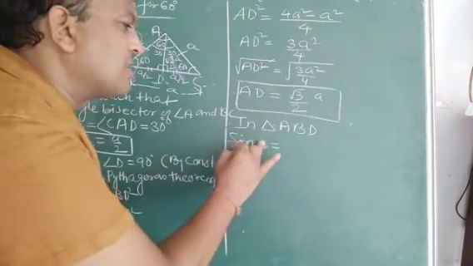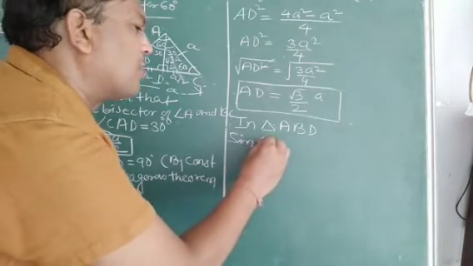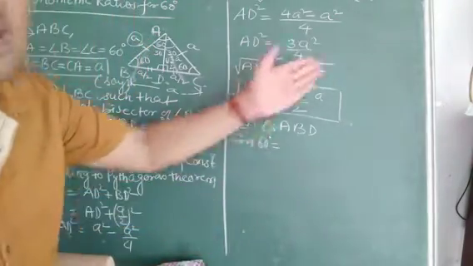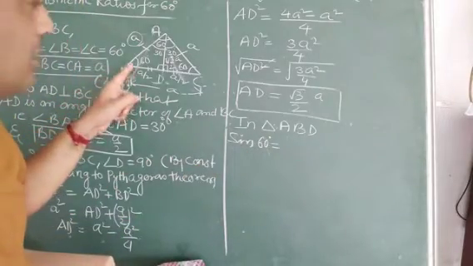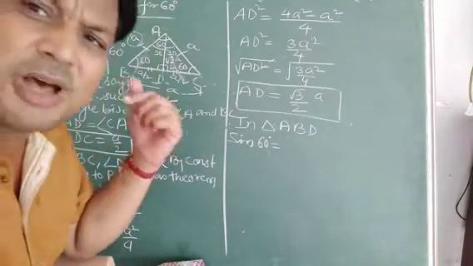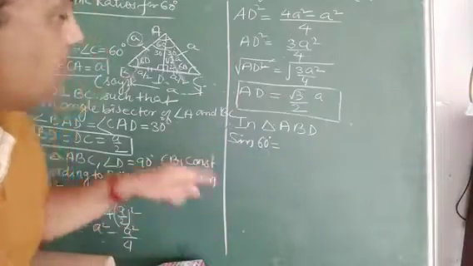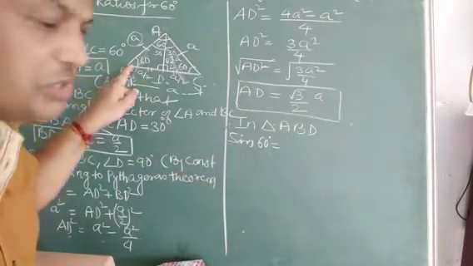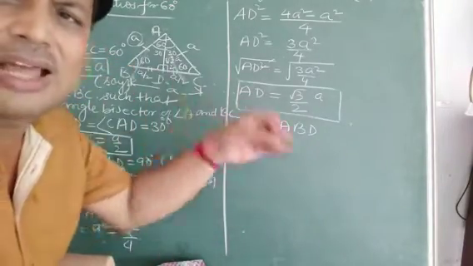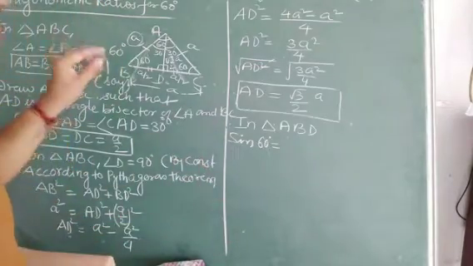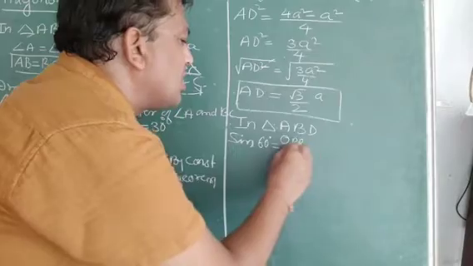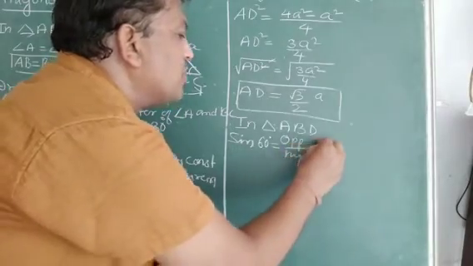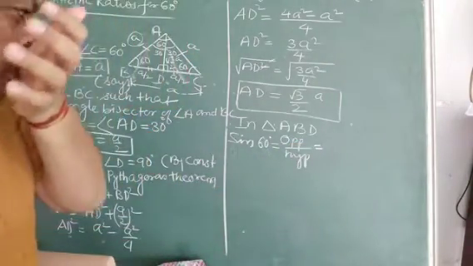Otherwise, instead of wasting time, directly you can write also, no problem, children. Why? There is a shortage of space also. Actually, it says sine B is equal to opposite by hypotenuse. Next step, in place of B you can put 60 degree. Sine 60 is equal to, what is the formula, children? Opposite upon hypotenuse.